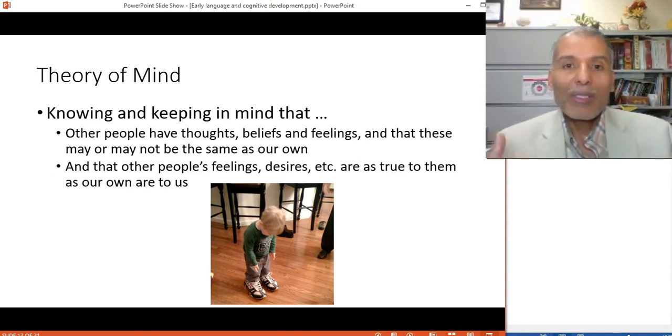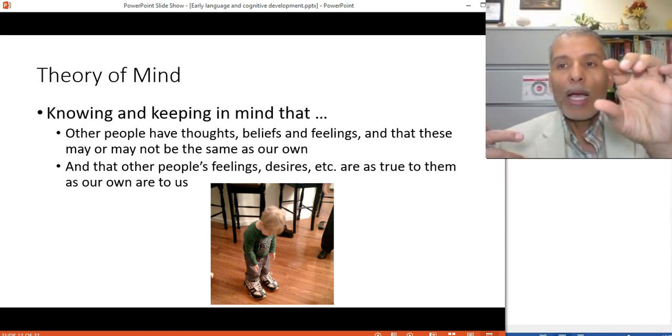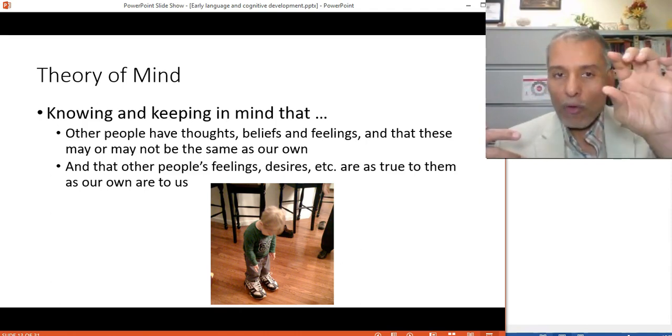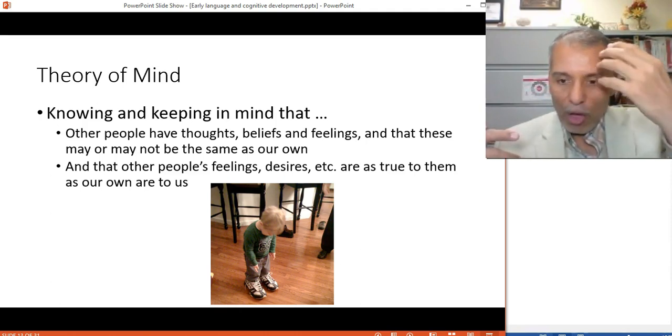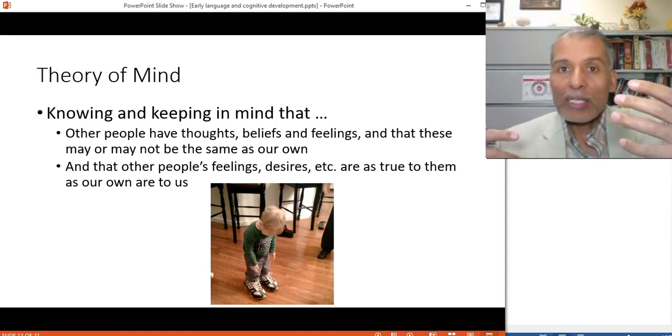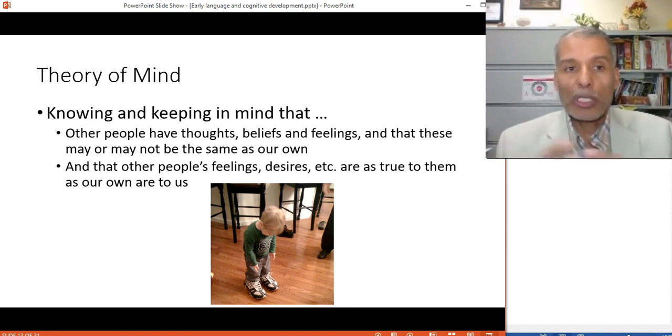And based on that, you build a theory about what the person knows, what they think about, what they believe in, and you use it to regulate your communication and your social relationship with that person. And the better understanding you have of the person's mind and thought and culture and beliefs, the better and more positive the relationship you have with that person.